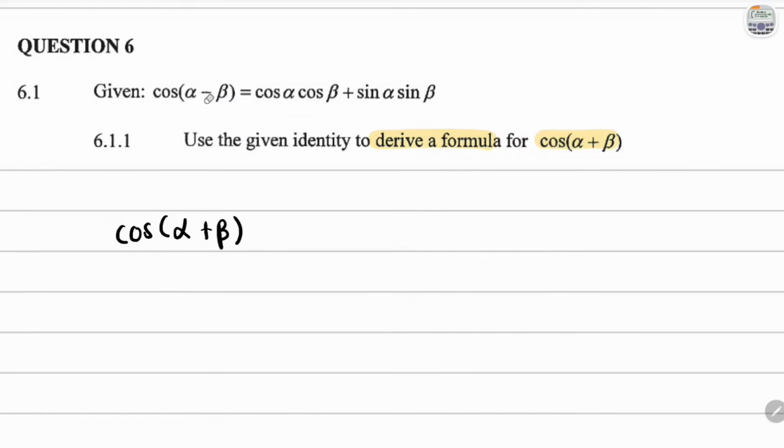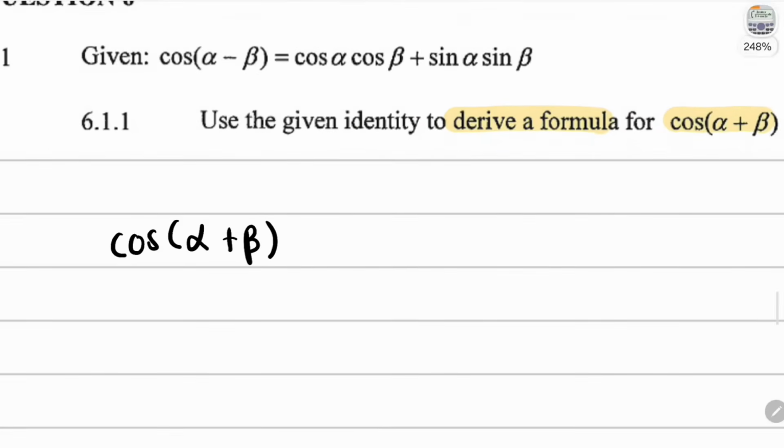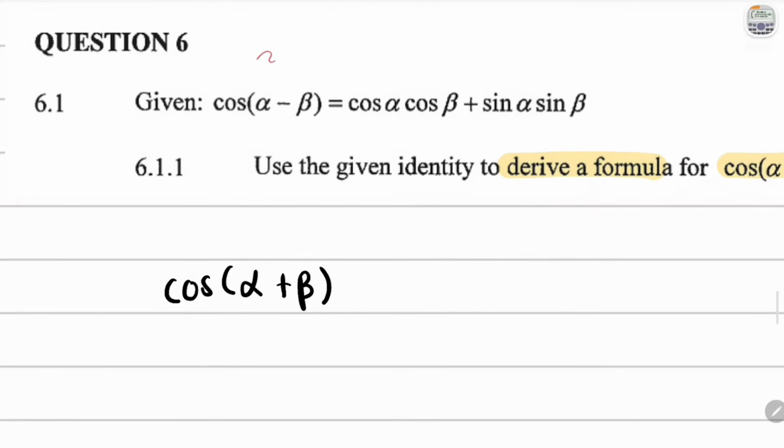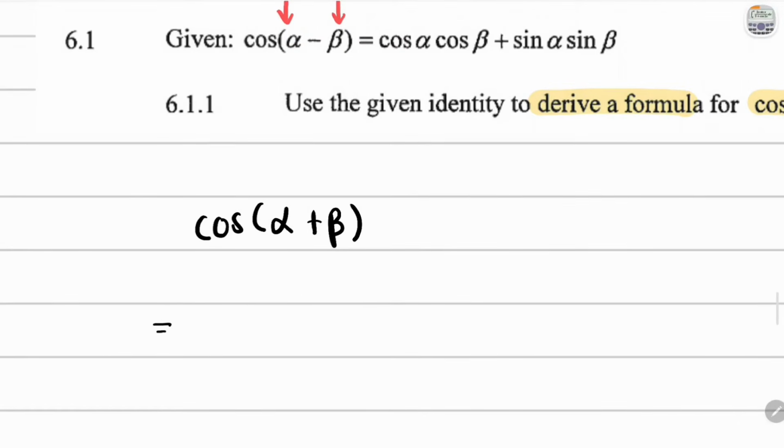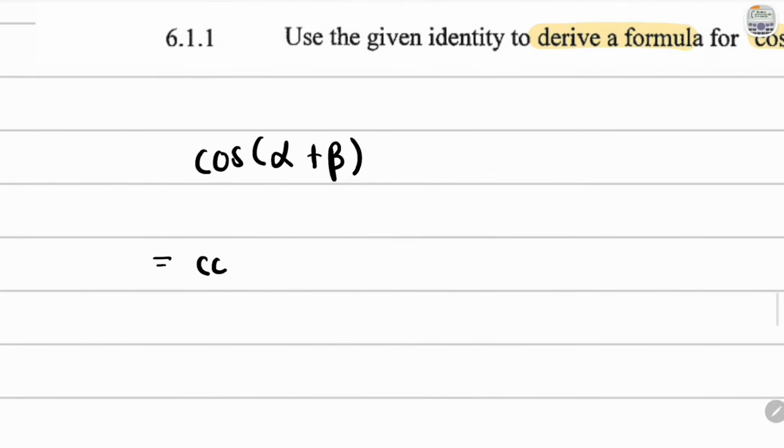So we need to ensure that the middle is negative. We need to ensure that two angles are being subtracted. So this is really like cos of one angle, a first angle, minus a second angle. So to change this to a negative, we can simply express it like this.